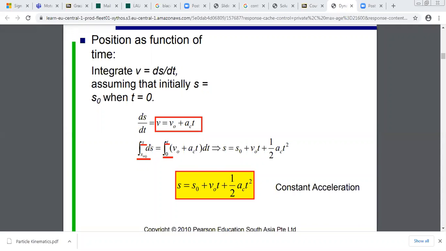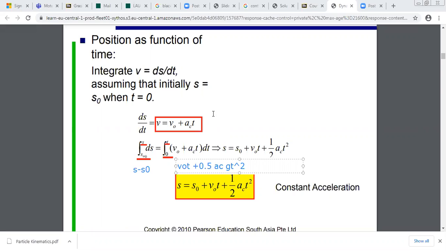Now, if you integrate ds, it will give you s. So you have s minus s0 from this side. Okay. And from the other side, you have the integration of this function with respect to time. It will give you v0 t plus ac times t squared over 2, which is 0.5 ac t squared.